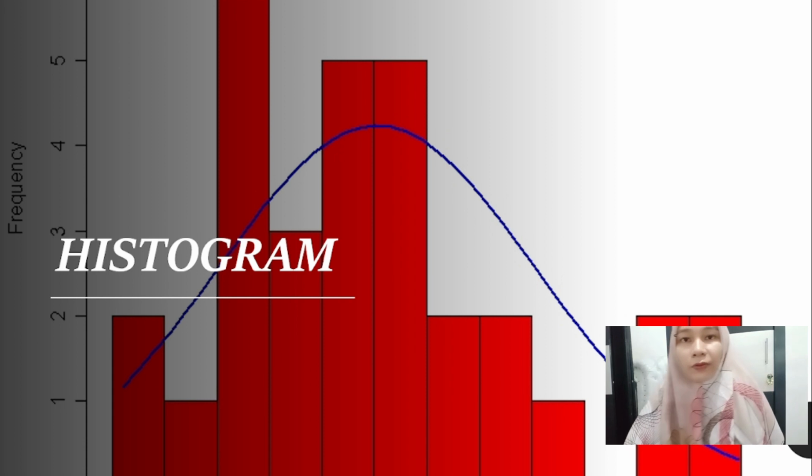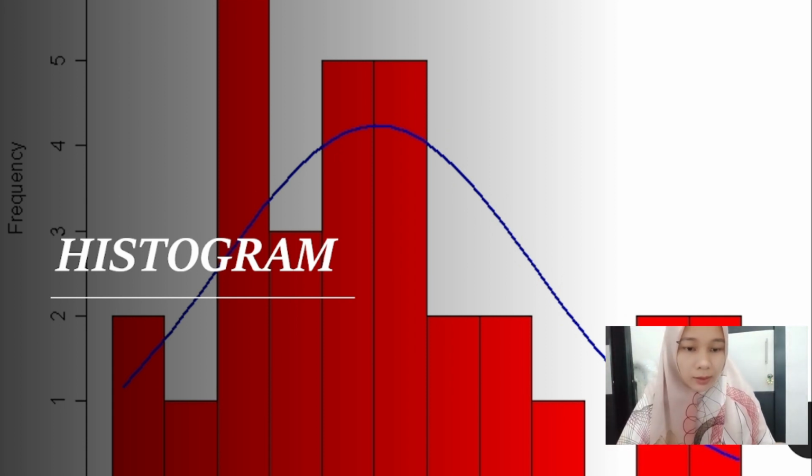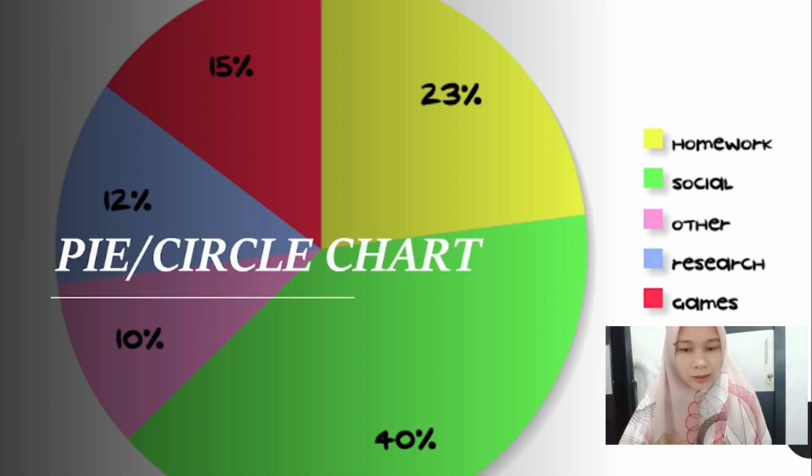So in some kinds of histogram, we may omit the line and we just have the bars, okay. That's also okay. Okay, this is the next kind of chart. This is pie chart or circle chart.